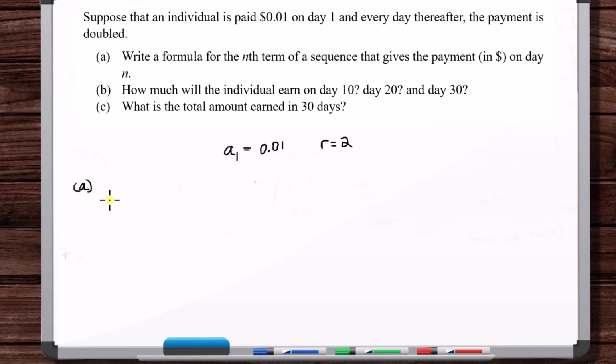So write a formula for the nth term sequence that gives the payment on day n. I mean, you could change this to Pn or something, right? Pn. So, well, no, that's P1.